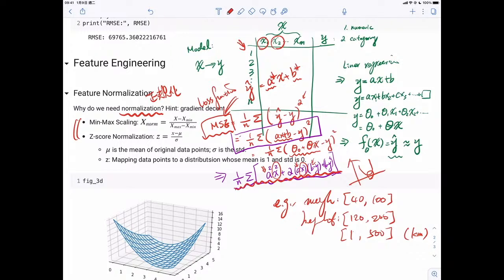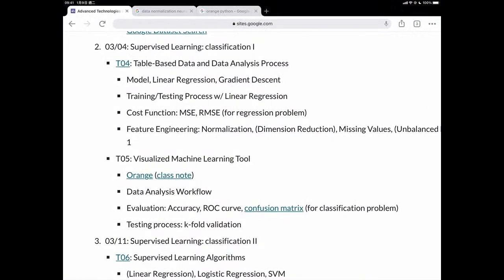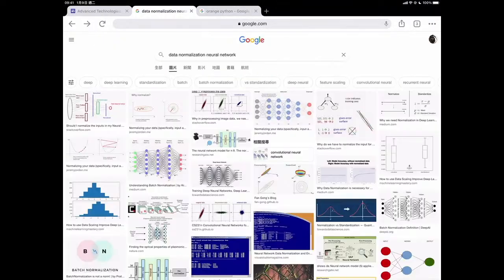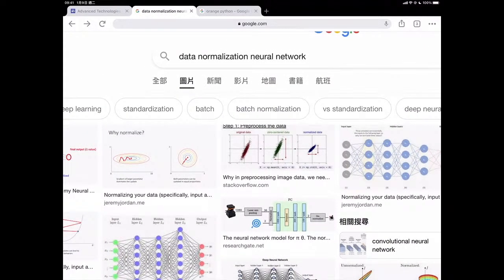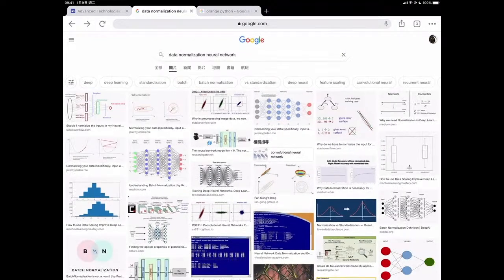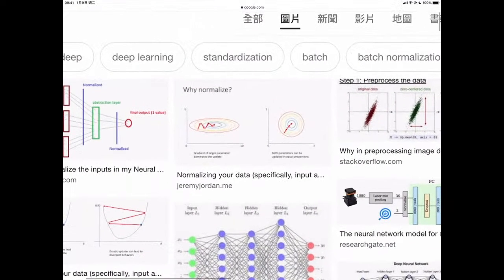Right. So let me show you this thing. If you Google data normalization and click on the pictures, you may find these things right here.